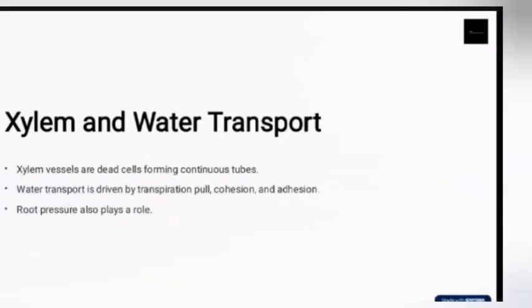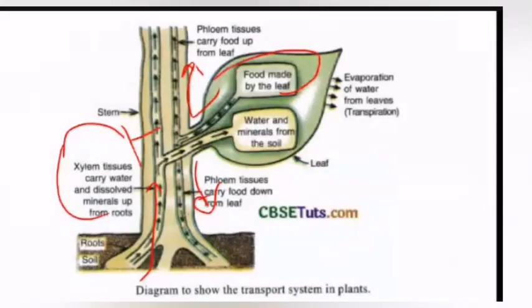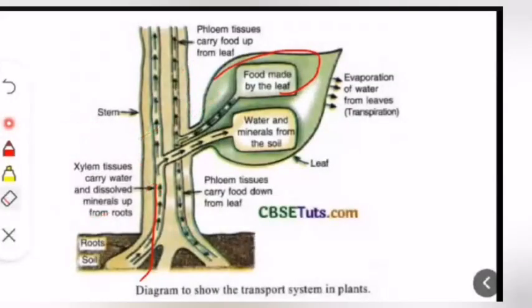Then the main important force is transpirational pull. Transpiration is the evaporation of water. So when water evaporates, remember cohesion. Now, please paint this picture in your head. Are you seeing this image? Yes. Okay. This image is like a vessel.